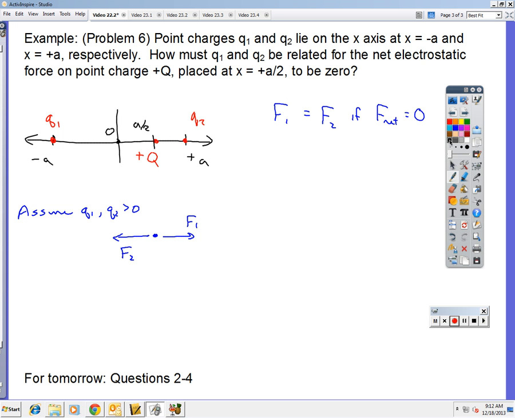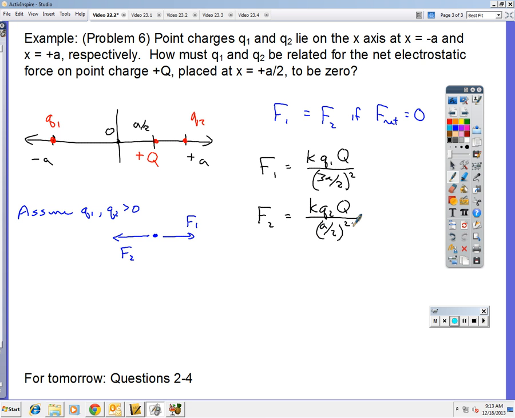Now we can get expressions for F1 and F2. F1 is k times q1 times big Q divided by the square of the distance, which is 3a over 2, all squared. Whereas F2 is k times q2 times big Q divided by the distance between big Q and q2, which is a over 2, a much shorter distance.